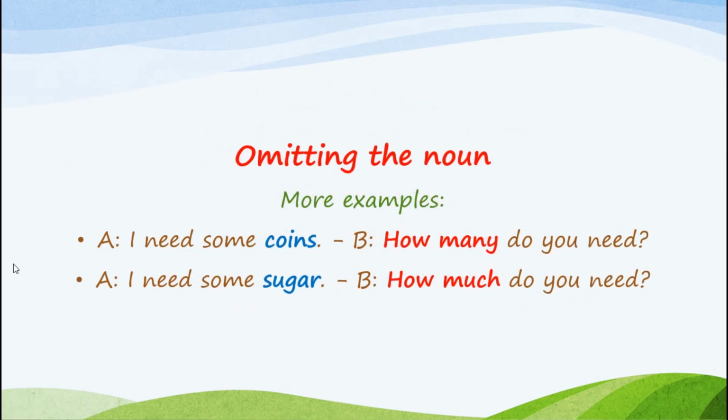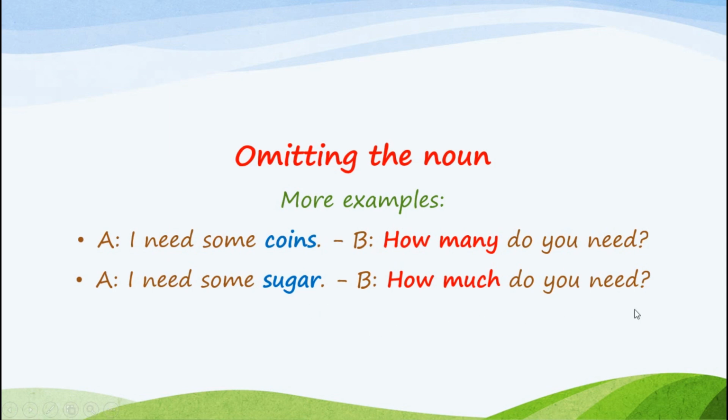Here we have more examples for you to understand how omitting the noun works. I need some coins. How many do you need? We don't repeat the word coins because we already know that we are talking about coins. Or I need some sugar.